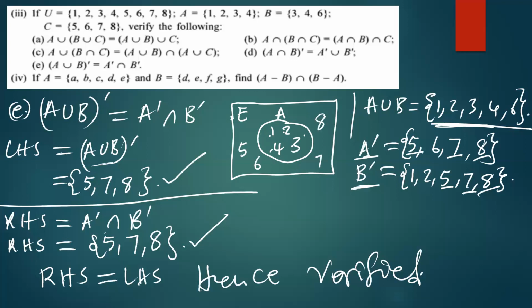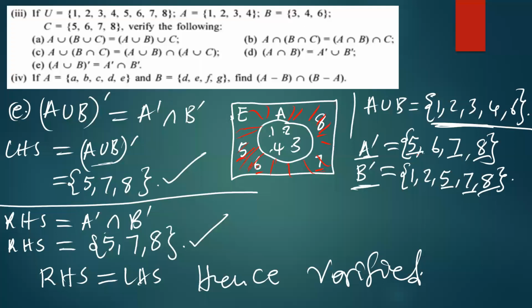When you talk about a complement, we're simply talking about the elements that are outside A. So where I've shaded, which elements do we have there? We have 5, 6, 7, 8.